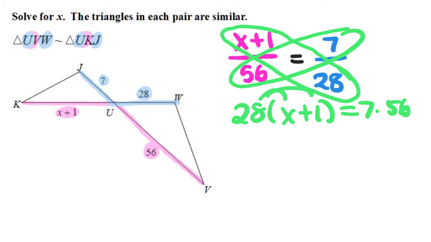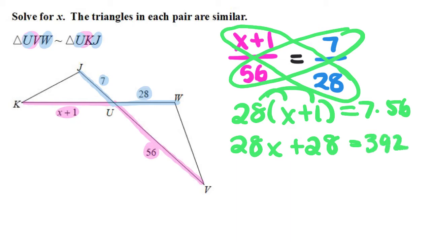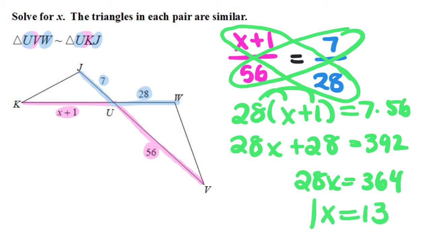When I solve, I would distribute the 28, so you'd have 28x plus 28 is equal to 392, since 7 times 56 is 392. If I continue to solve, I subtract 28 from both sides, which gives 28x is 364, and divide both sides by 28 to get x is equal to 13.